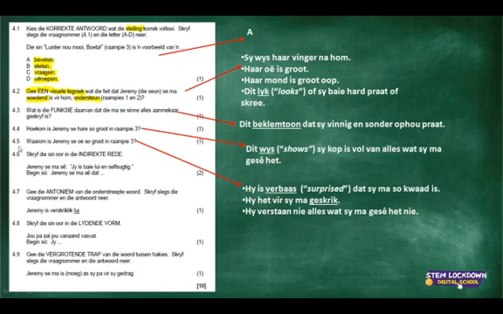En dan nommer 4.5. Waarom is Jeremy se oë so groot in raampie 3? Why are his eyes so big in frame 3? Okay, so you have to express yourself nicely in this question. Hy is verbaasd, that means surprised, dat sy ma so kwaad is. Often teenagers are surprised when their moms have a go at them.